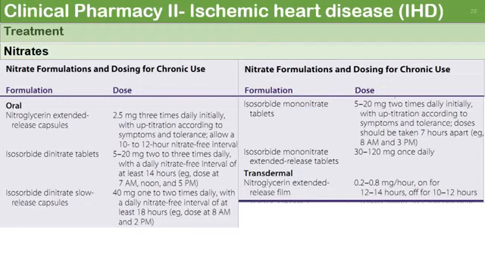Long acting nitrates include nitroglycerin extended release capsule, isosorbide dinitrate tablet, isosorbide dinitrate slow release capsule, isosorbide mononitrate tablet, isosorbide mononitrate extended release, and transdermal. All of them are used for chronic dosing, and all should provide a nitrate-free period of about 7 hours.